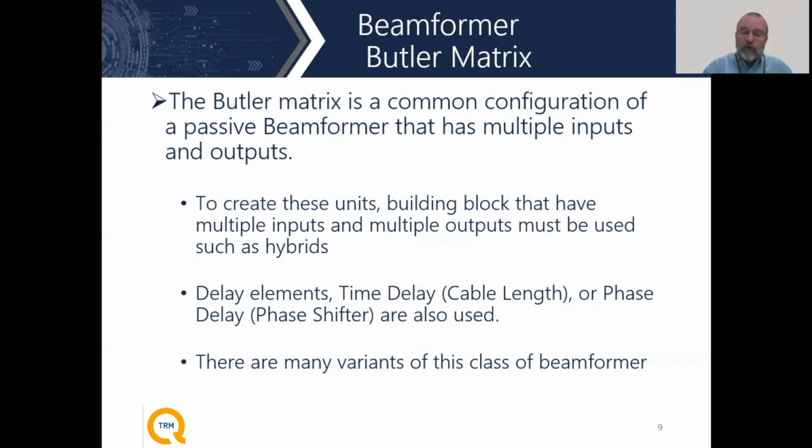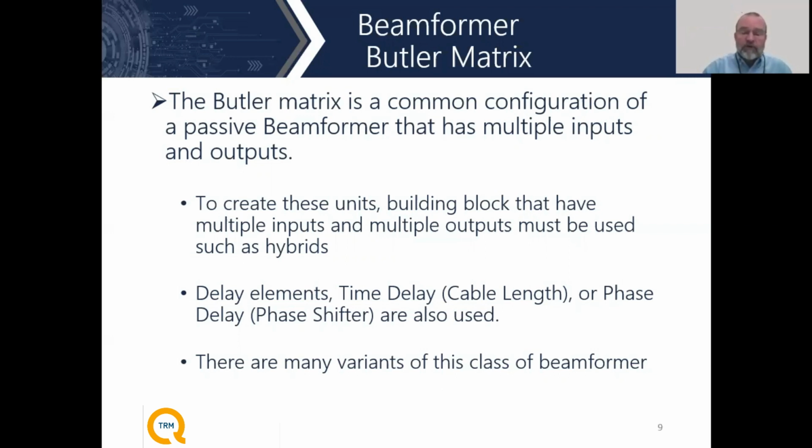Now, the difference between the two of them is that the time delay or the cable length at any one frequency will have a certain amount of phase delay associated with it. That phase delay will change with frequency, but the time of the signal will remain constant. With a phase shifter, the exact opposite will happen.